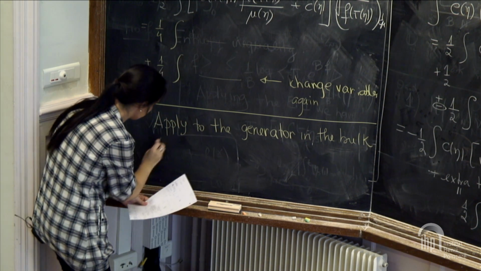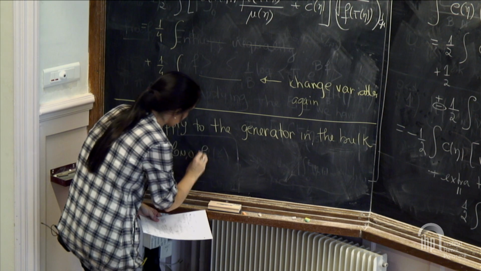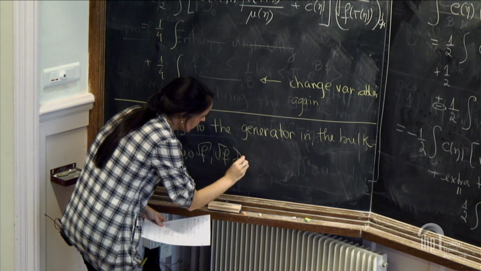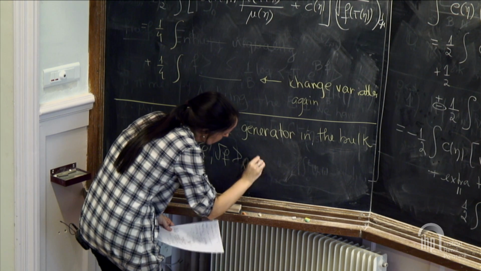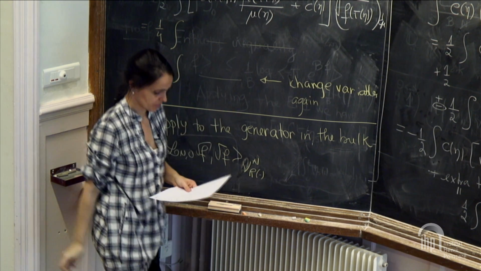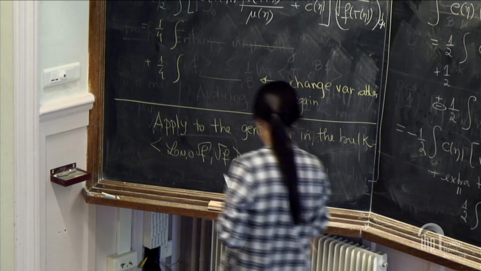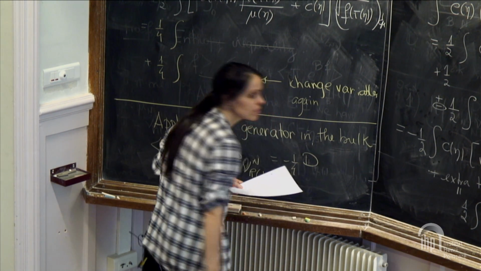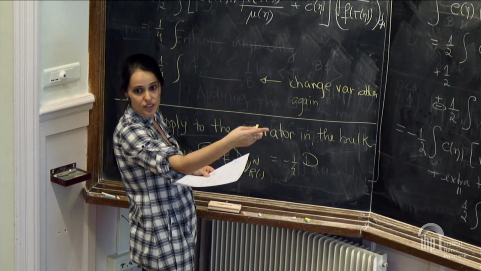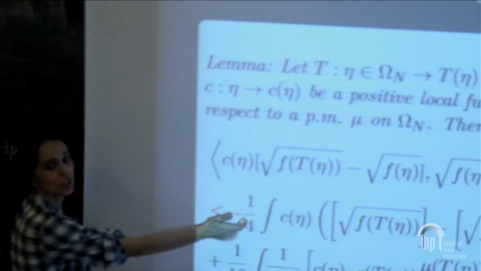So I get that this L_n of f, square root of f, square root of f, with respect to this measure. So I'm going to have this minus 1/4, the nice Dirichlet form, which is the first guy with the square, this term here. So I'm going to have this term which is the nice Dirichlet form.